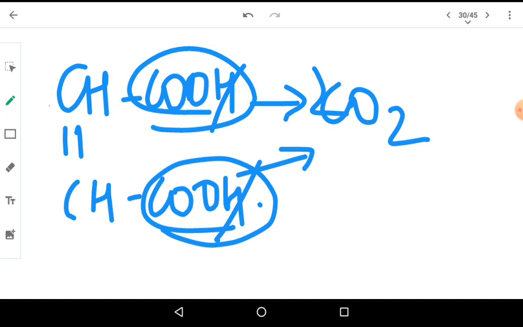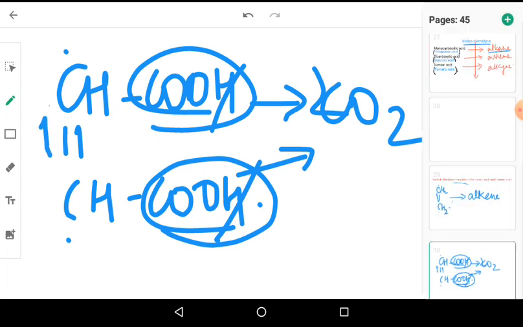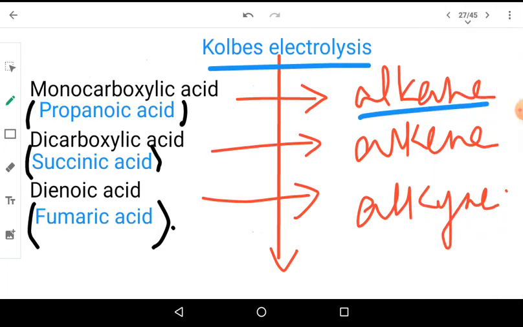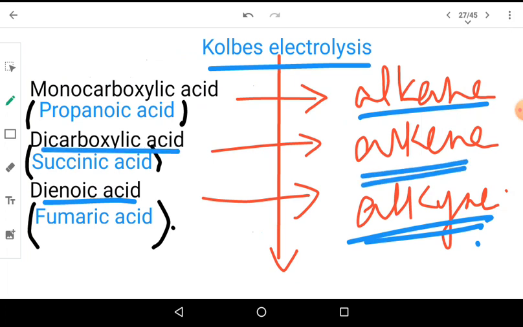So now there is a free radical formed over here and there is also a free radical, so there is a triple bond formation. So from this unsaturated dicarboxylic acid we will be getting an alkyne. So here we will be getting an alkyne if we are using this acid, and if we are using a saturated dicarboxylic acid there will be an alkene.